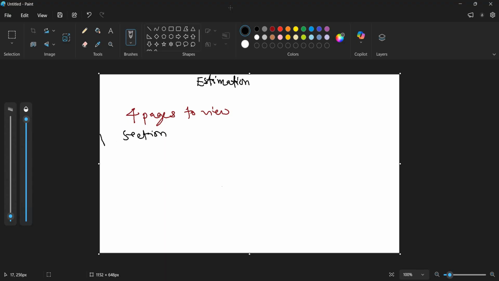So pages in a section. Do you get it? So that means it will be the pages to view times 4, because when I look at this, it is telling me that I have 4 pages, 1, 2, 3, 4 to view.